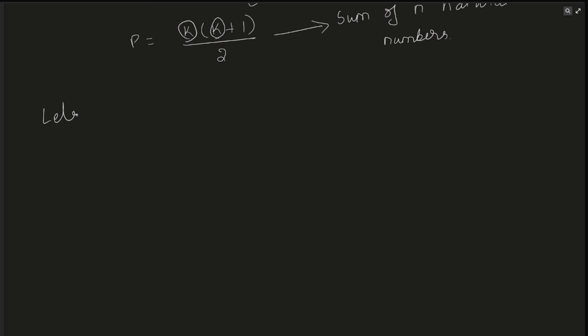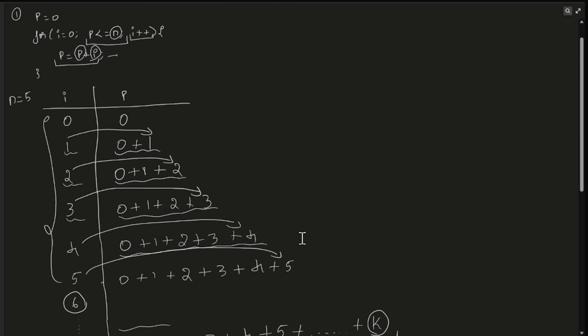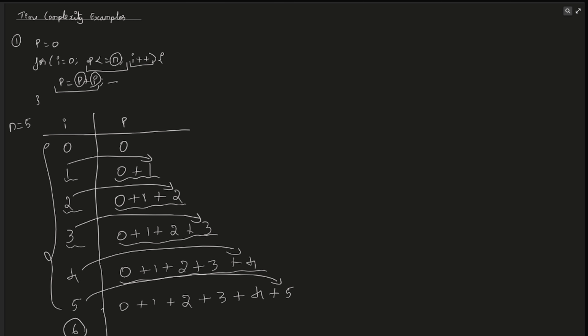Now let's check when our for loop is stopping. Our for loop runs until P is less than or equal to n, and it stops when P is greater than n.